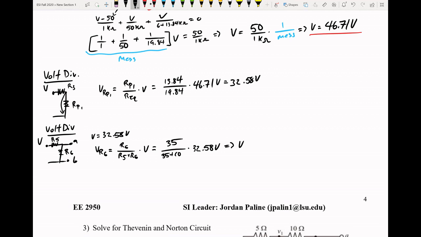Therefore, this voltage of R6 is going to be equal to 25.34 volts. And because it's in parallel with those two open terminals, this is equal to our VThev.